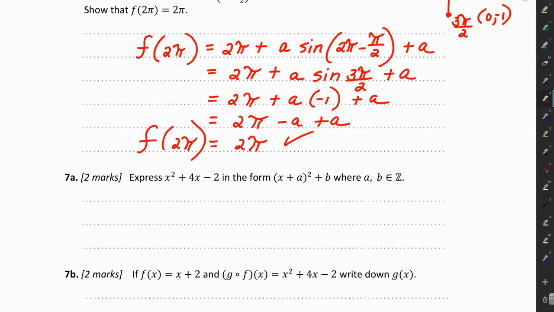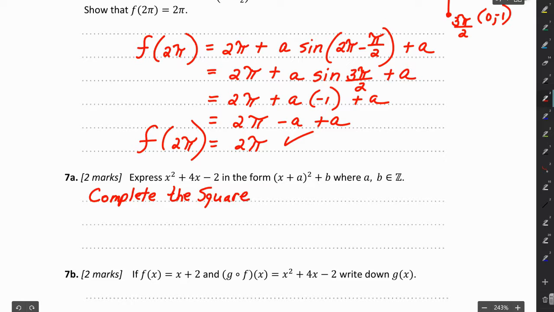Number 7, new problem. We're being asked to express x squared plus 4x minus 2 in the given form. Whenever we have to change forms like this, we know that we're going to go back to our friend complete the square. And I know for a fact that IB does like problems where you have to change forms and use complete the square.